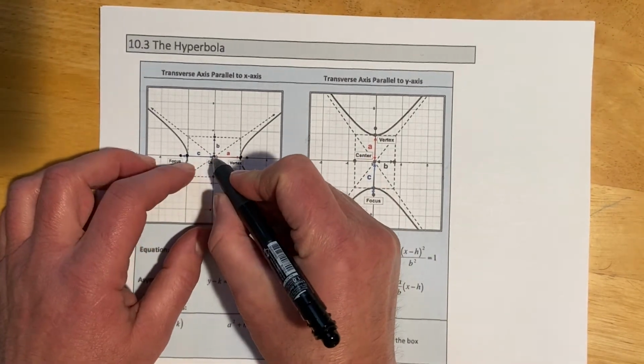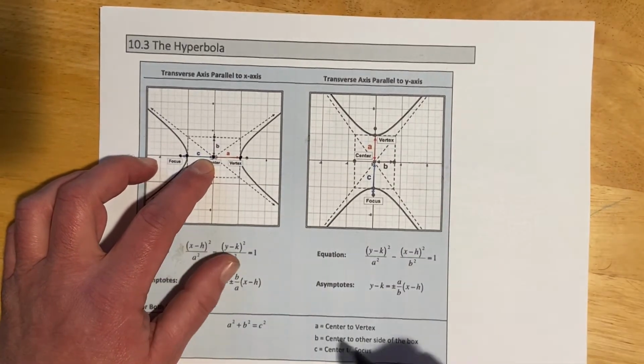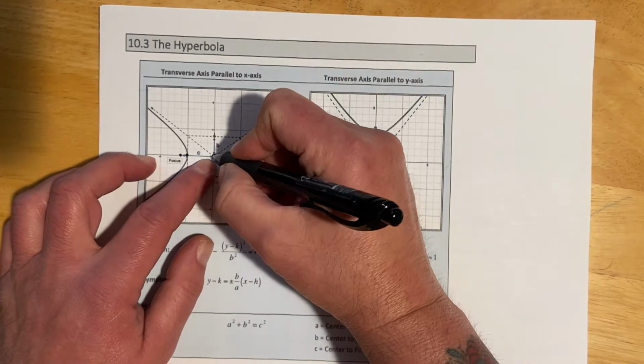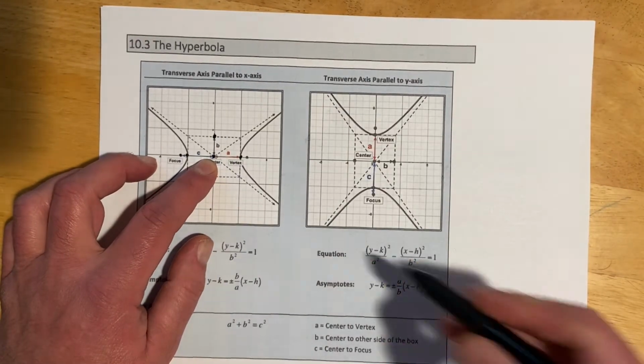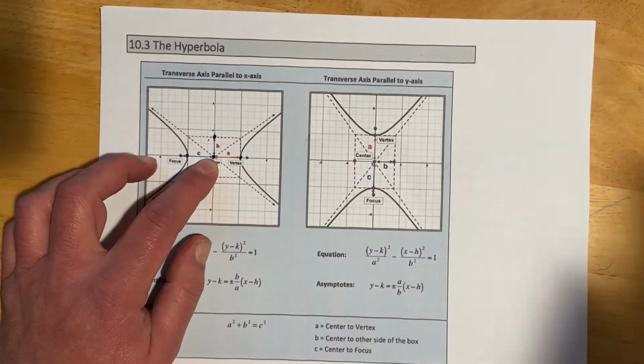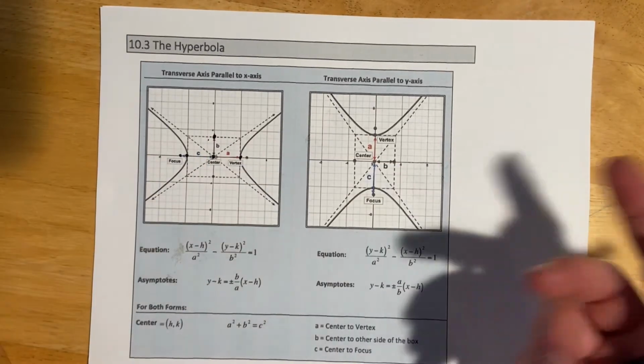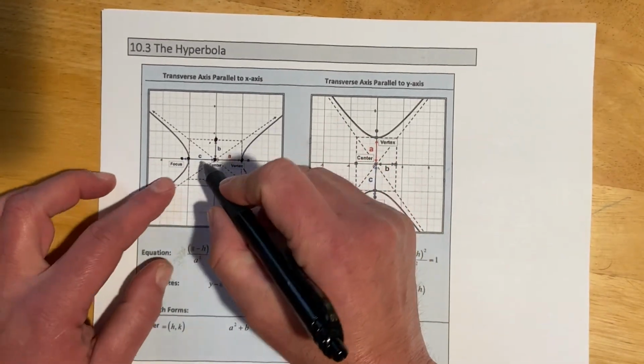A is going to be our center to the vertex, so center to the actual hyperbola. B is going to be what I call center to the other side of the box, because I can never remember the real name for the other side of the box. But it's basically acting like what would have been the minor axis of the ellipse. But in this case, again, A or B can be larger or smaller. And then C is the big value.